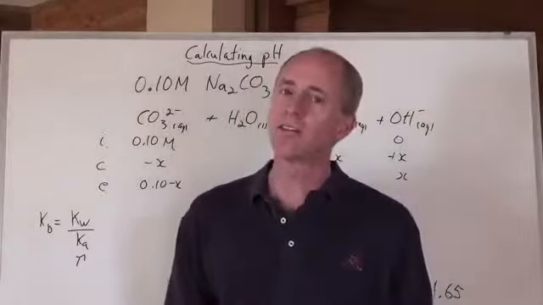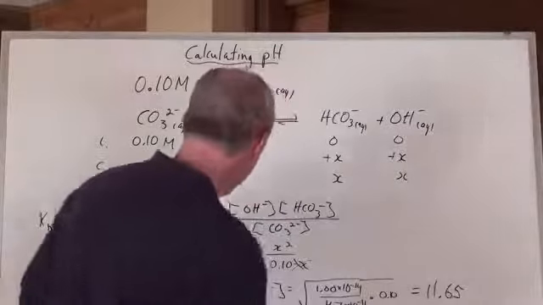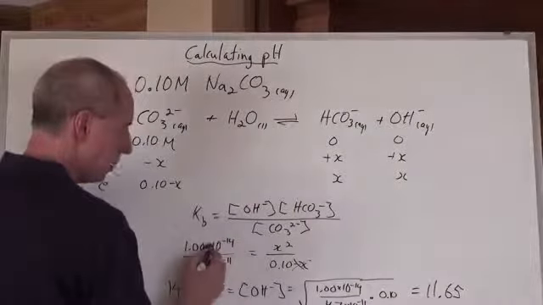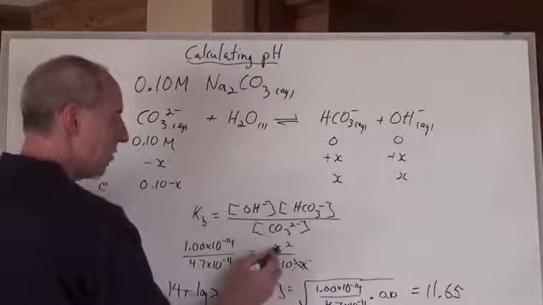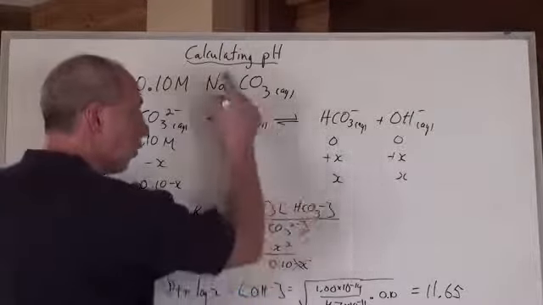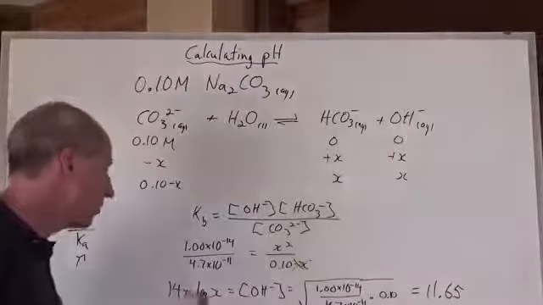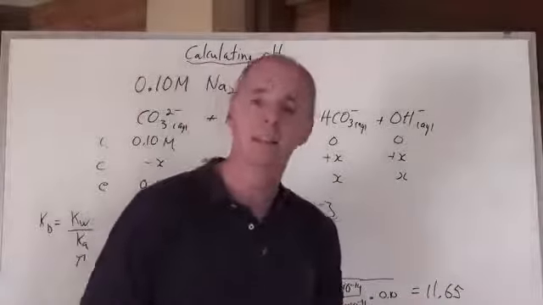It looks like there's a lot of stuff to go through here, and there is. But what you do is take the Kb times the concentration, and that equals x squared. You take the square root of that number, and that's the hydroxide. Don't forget, if it's a base, it's hydroxide. Then you go 14 plus the log of the hydroxide to get the pH.